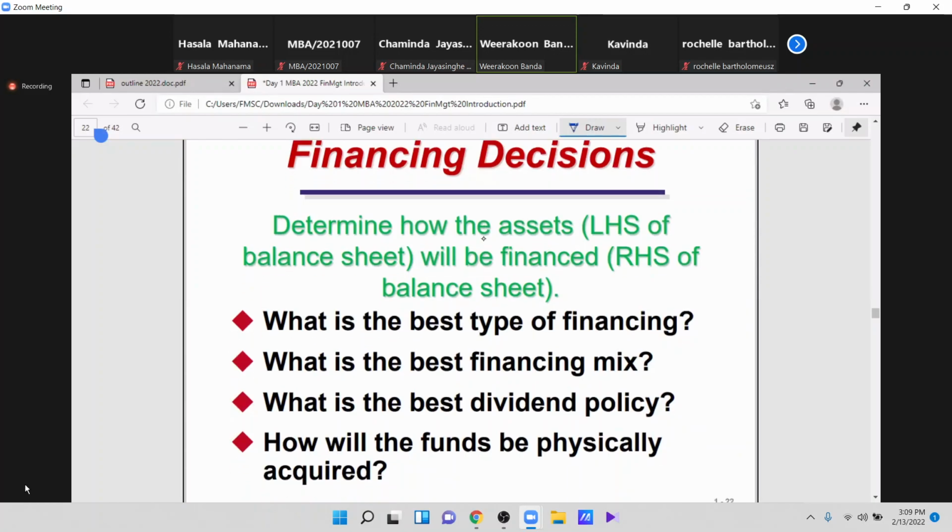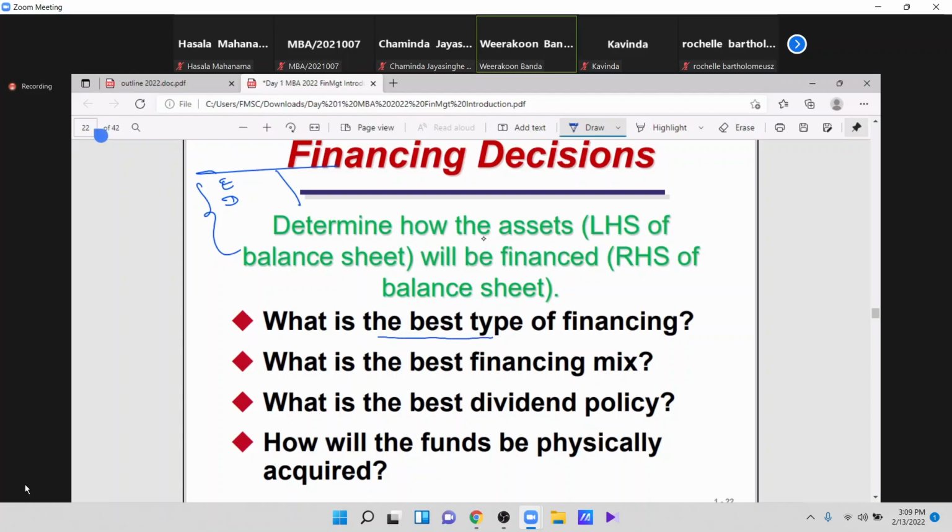Concerning the financing side, we decide equity capital, debt capital, likewise. Among the financing decisions, the first one is: what is the best type of financing?